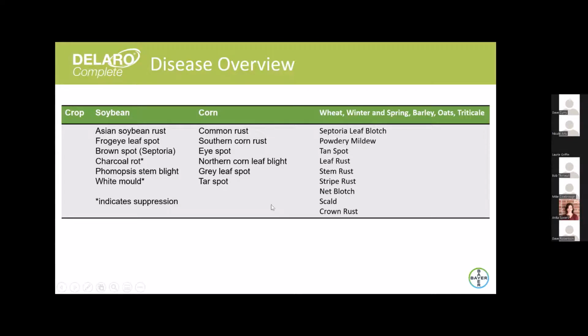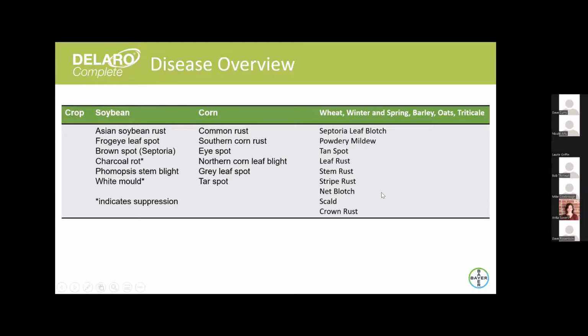If we look at corn, very good on the leaf diseases, rusts, eye spot, northern corn leaf blight, very strong on. Gray leaf spot is a disease we saw a lot of in 2021, and that is on the label for Belero Complete. And more importantly now is tar spot. There's lots of questions, and I got a few slides about that as well.